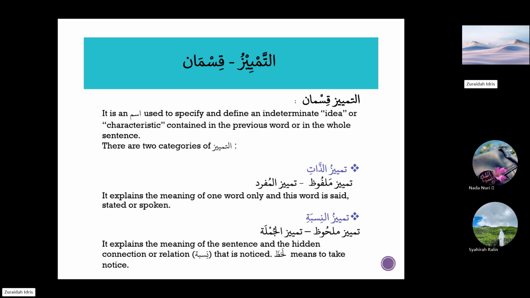So the tamyiz highlights this. That's why we say when we remove the tamyiz, we lose some of the meaning of that sentence, even if the sentence stays intact. So tamyizat and tamyiz nisbah, two types.